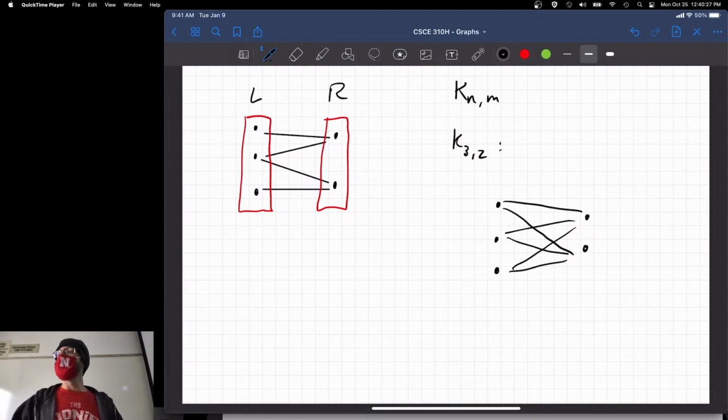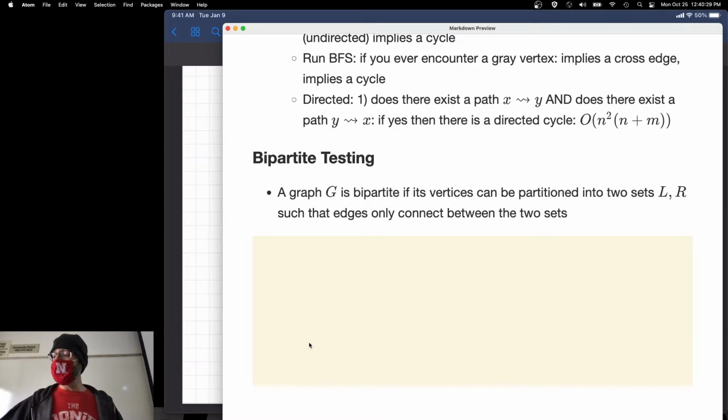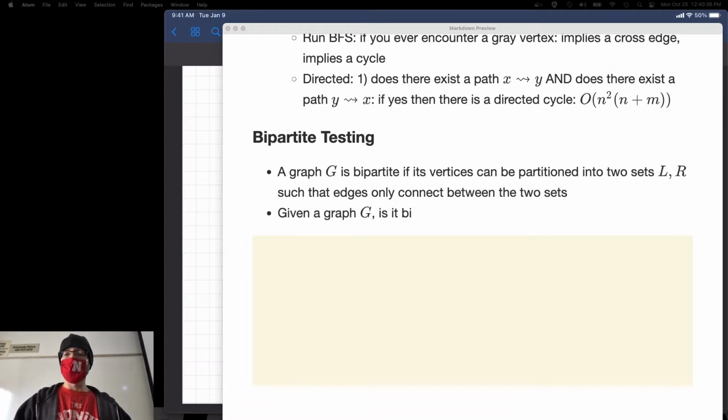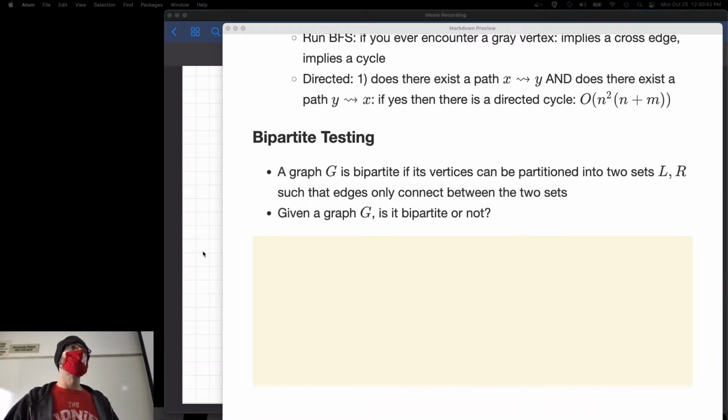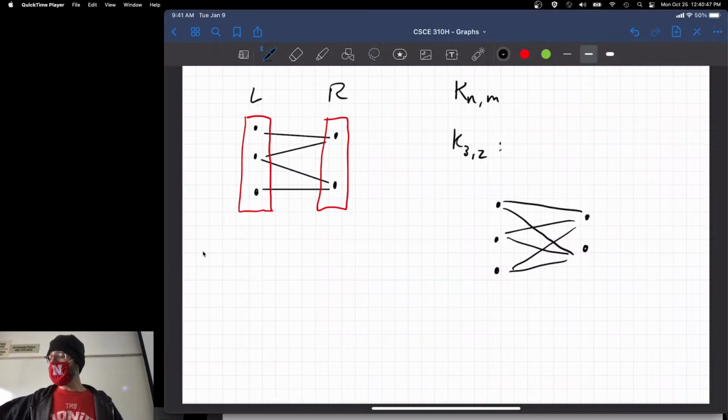So bipartite testing: given a graph G, is it bipartite or not? How are we going to solve this problem with just the tools that we have so far? Let's come back over here and make an observation.